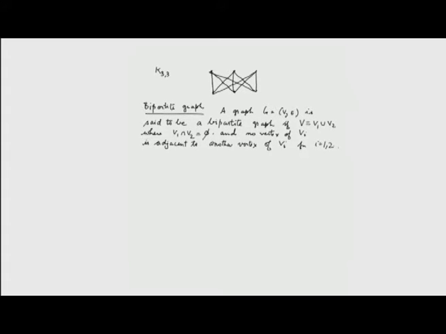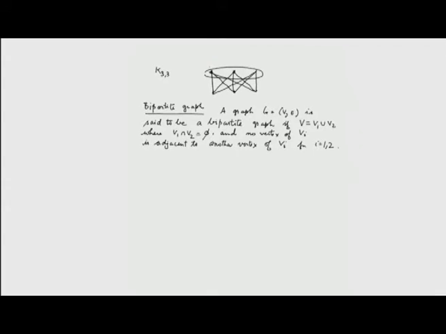So, the vertices of V1 are not adjacent to each other, vertices of V2 are not adjacent to each other. So, now look, when we look at this graph, what we denote as K3,3, we see that the 3 vertices over here are not adjacent to each other, and the 3 vertices over here are not adjacent to each other, whereas there are edges from one subset to the other.